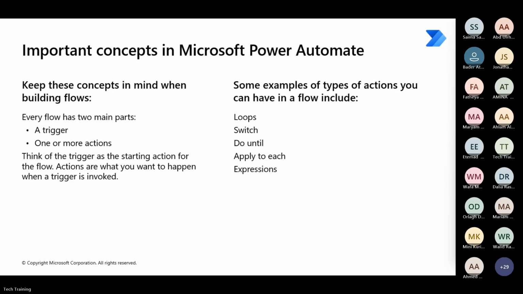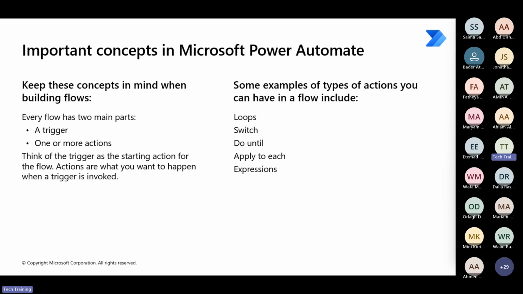Some examples of the types of actions you can do are loops, which means that I run the same automation 1, 2, 3, 4, 5, 6, 7, 8 times. This kind of loop is set by times, or maybe do this loop until I reach a certain value. These are programmable loops, like I told you, a bit advanced.